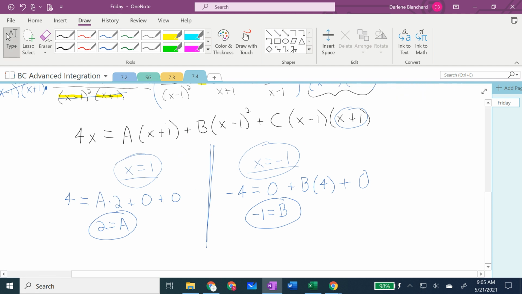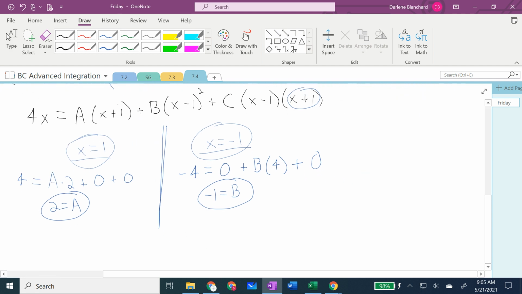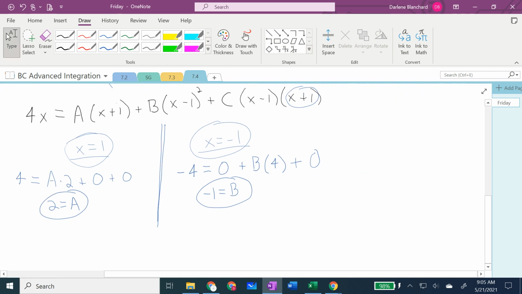We're going to pick any number we so desire that we haven't yet picked for x. So I want you to tell me, what x would you choose to plug in if 1 and negative 1 are already taken? And yes, this is your homework too.